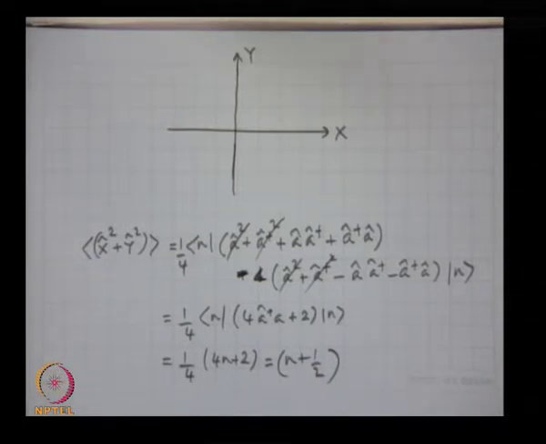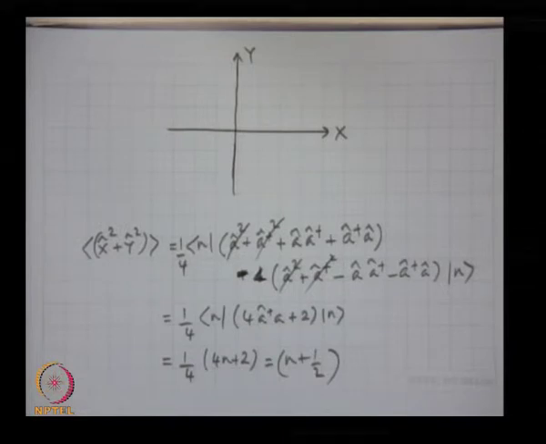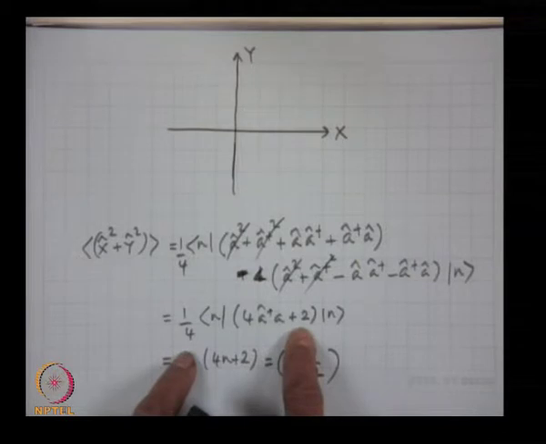Actually, this operator x square plus y square is nothing but a dagger a plus half. So the Hamiltonian is h cross omega into x square plus y square.